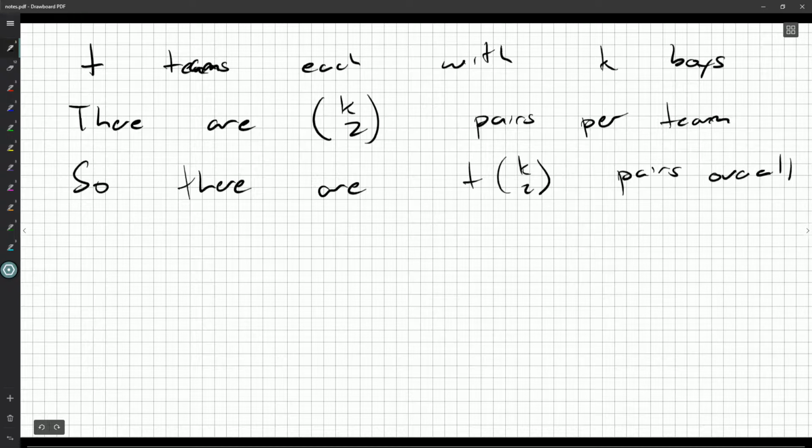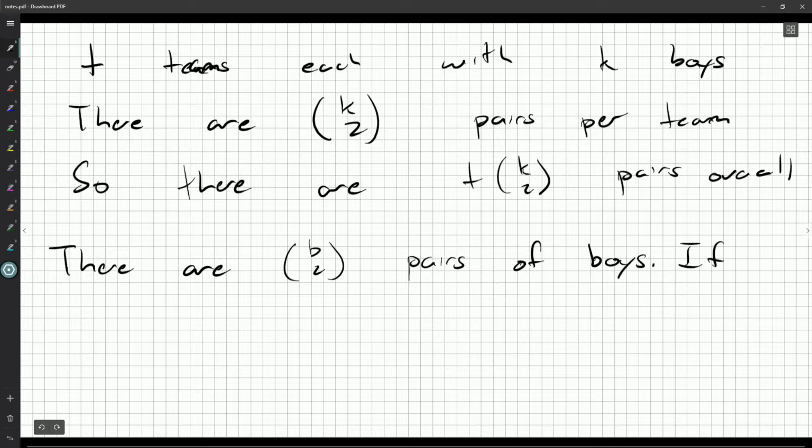All we're going to do is count the number of pairs of boys a different way. There are B choose 2. There's B boys. Choose 2 of them. You've got a pair of boys. If each pair plays together, let's say P for pair many times, or R, because we used the last letter of team because T was already spoken for.